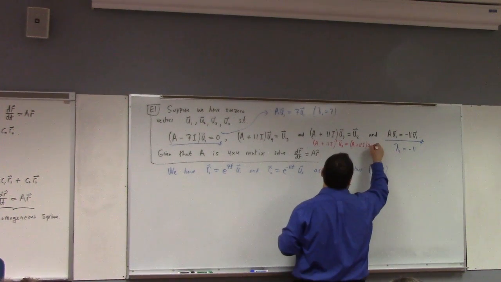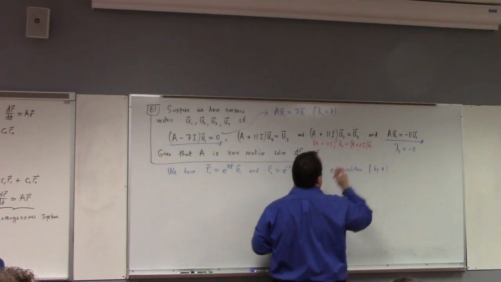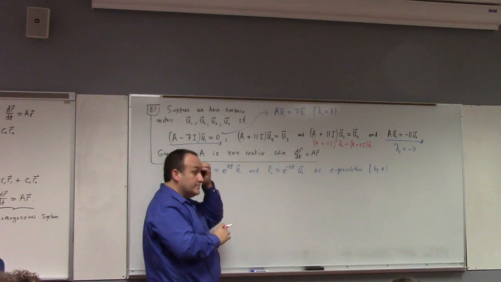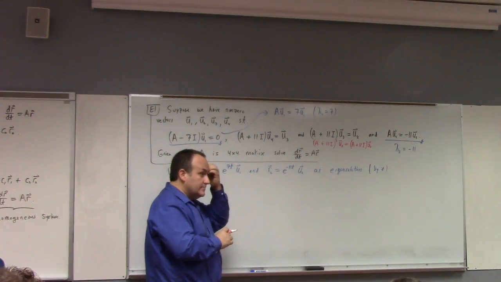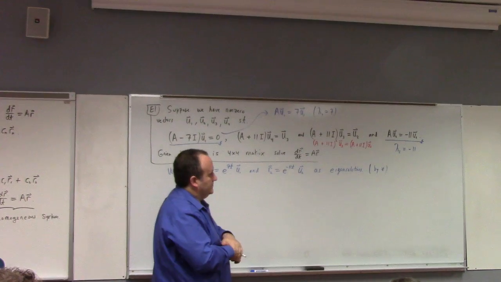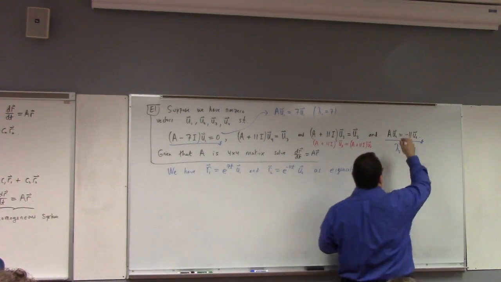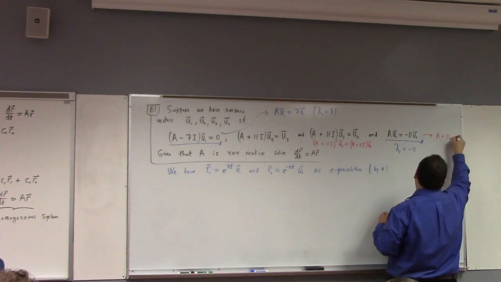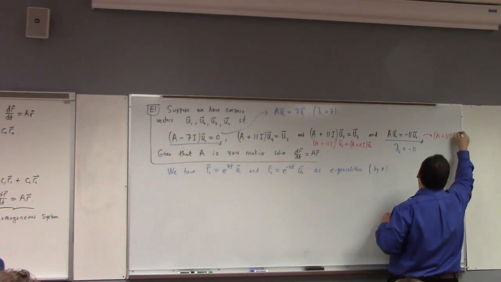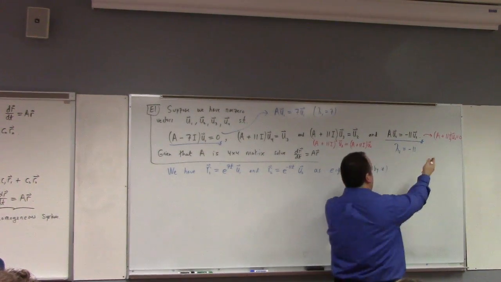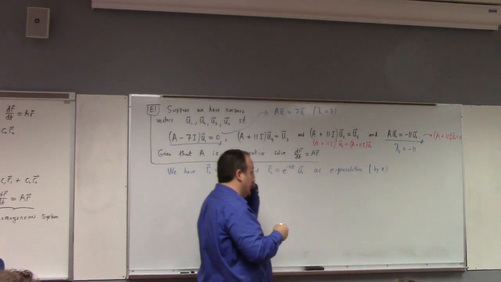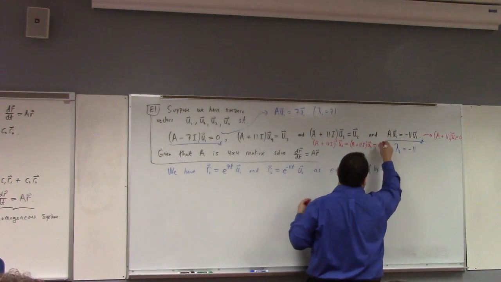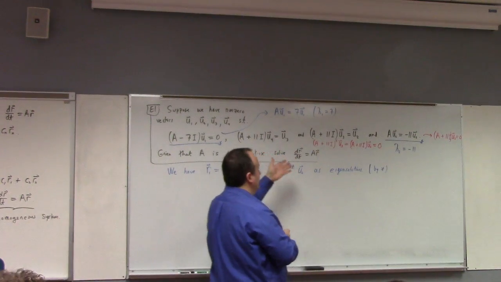It gives me (A plus 11I) times u2, which gives me what? The right side is 0, because this is equivalent to (A plus 11I) times u2 equal to 0. So you have to be able to see your way back and forth between these two algebra equations. But you're right, so this is 0.